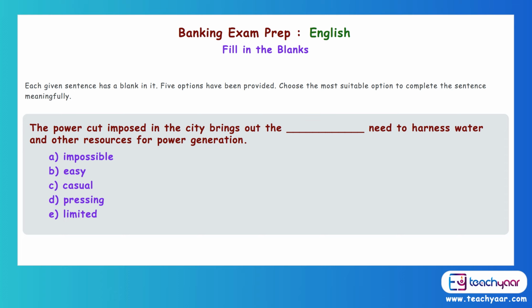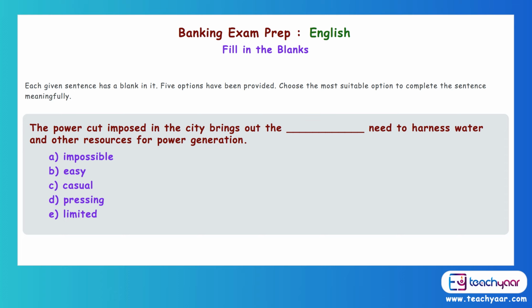The pressing need. The limited need. So when you read these options, I hope you understand that the right word is pressing. Impossible is wrong. Easy is wrong. Casual is wrong. Limited is not right. So the word which we can use to fill up that blank is pressing.